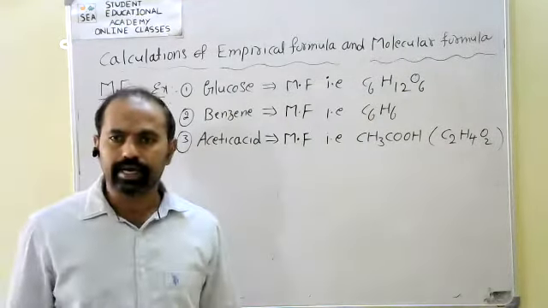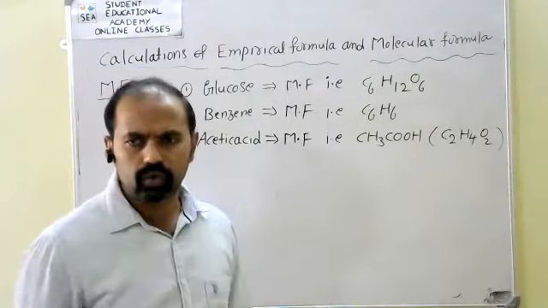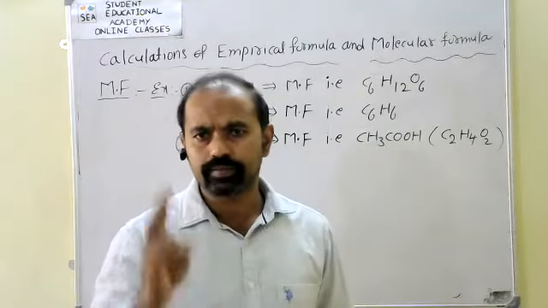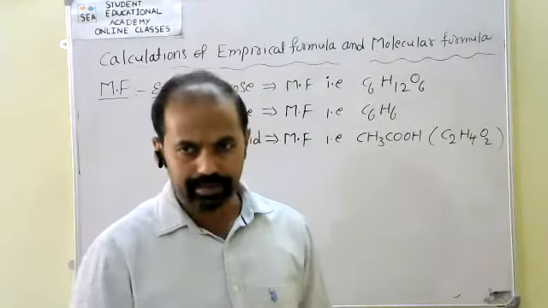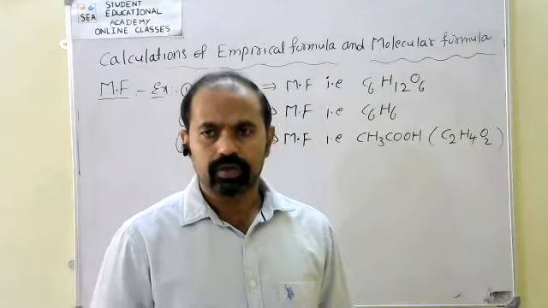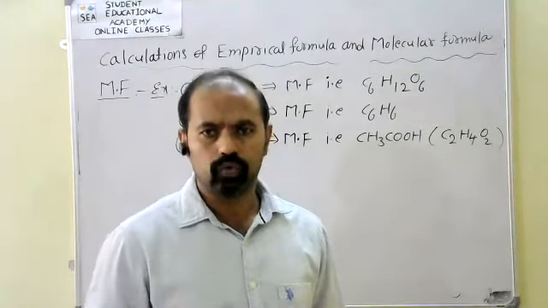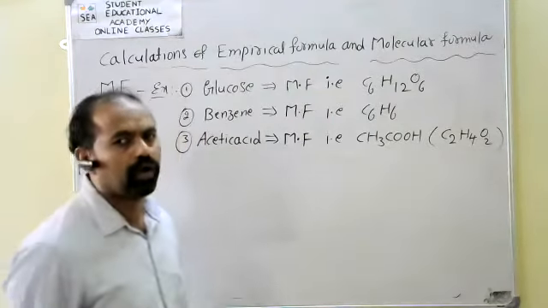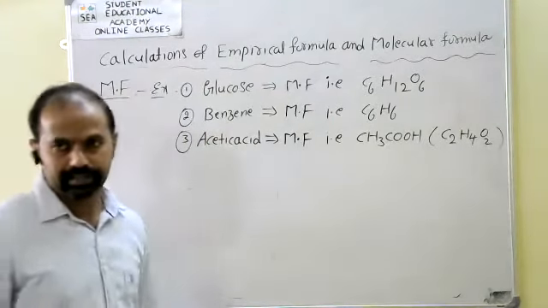Acetic acid contains exactly 2 carbon atoms, 4 hydrogen atoms, 2 oxygen atoms. C2H4O2 is called the molecular formula of acetic acid.